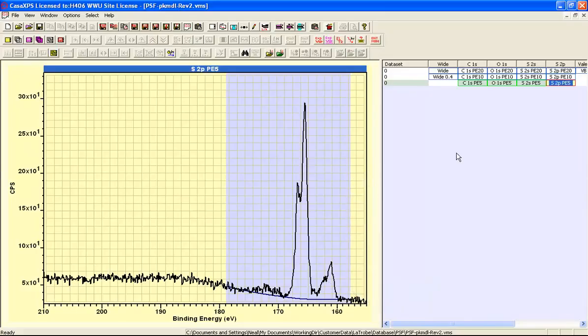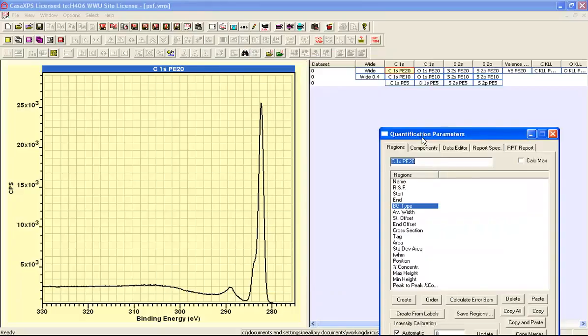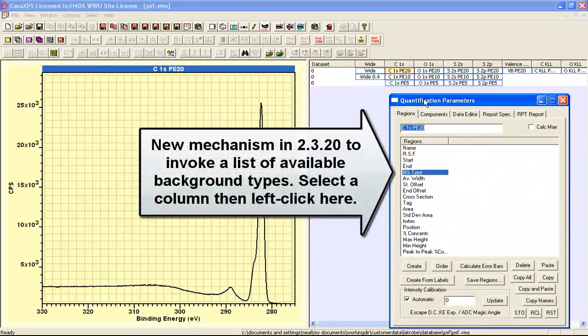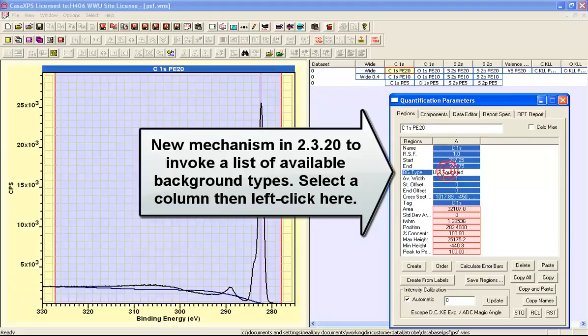We'll now move to construct a peak model for this carbon 1s. So the first thing to do is to define a background. We're using the quantification parameters dialog window and create a background. So this has come in as a U2 Tougaard background, and you can see that it doesn't really represent the background very well.